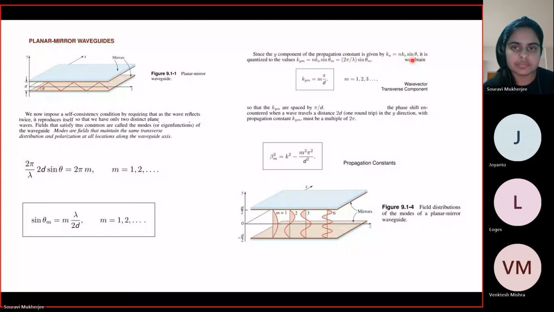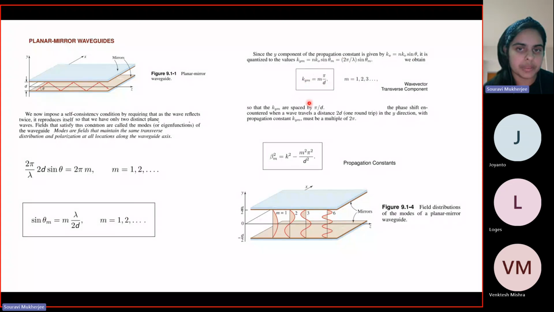Now, if you apply the condition that you have found from the self-consistency case, that would give you the values of ky which satisfy the self-consistency condition, right? So these are the possible values of ky.